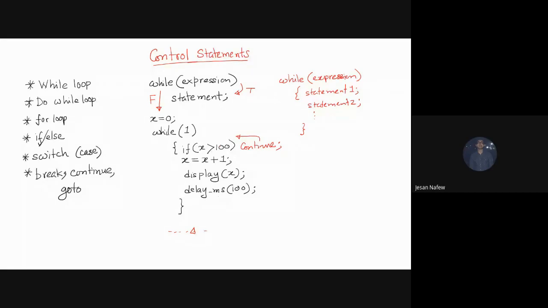Yes, sir. What if we add both continue and break? I don't know, why do you want to do that, if there is a situation? Whichever comes first will be executed first, and the other one would not be.